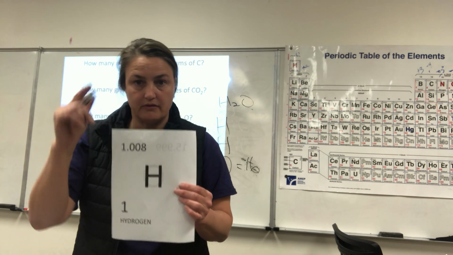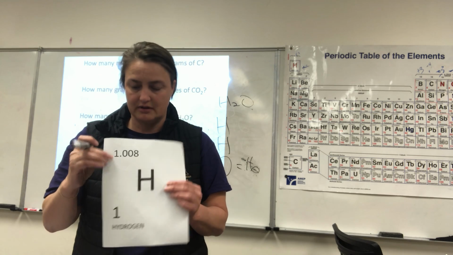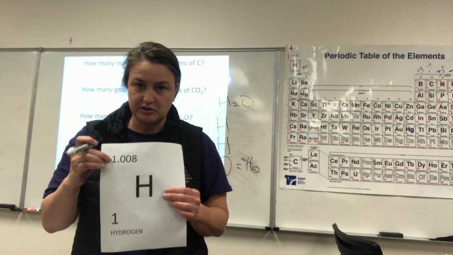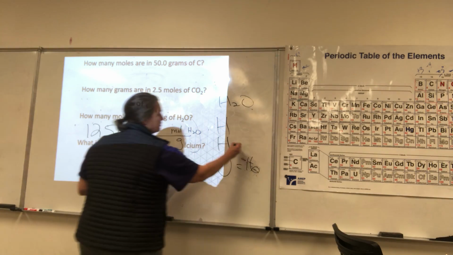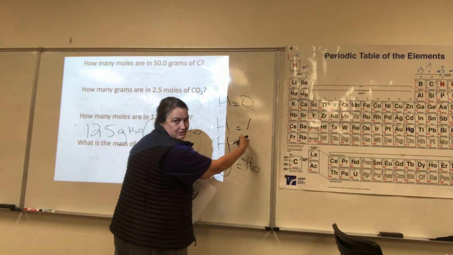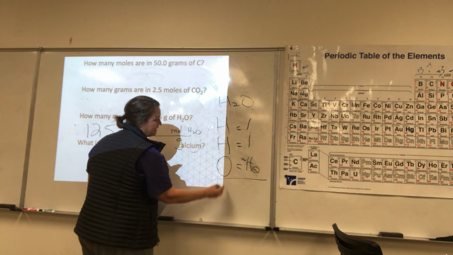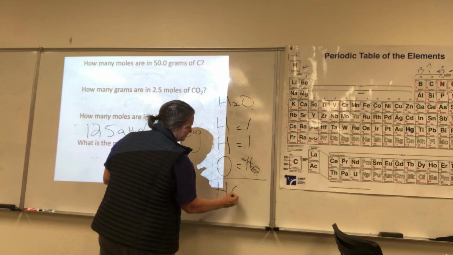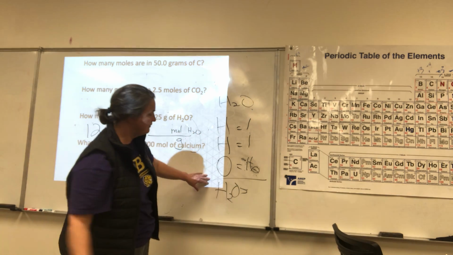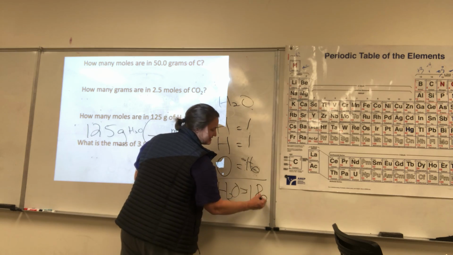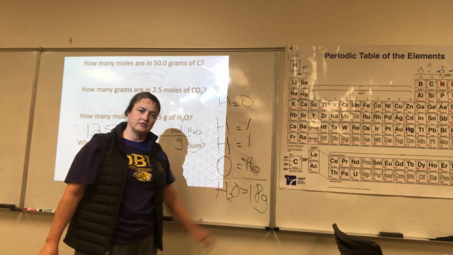The mass of 1 mole of hydrogen is 1.008 grams. So this would be 1.008, but we'll just say 1. If you add these together, 1 mole of water is 18 grams. The molar mass of water is 18 grams.